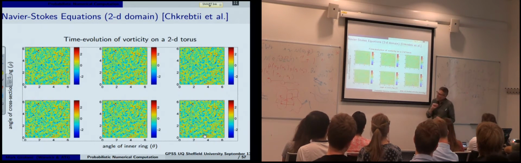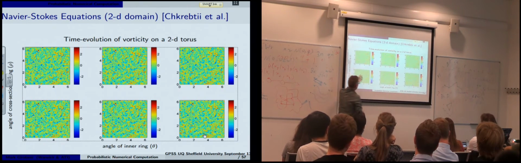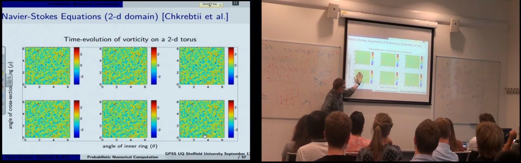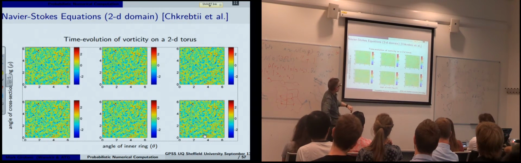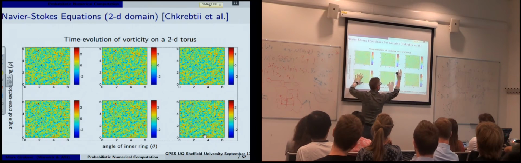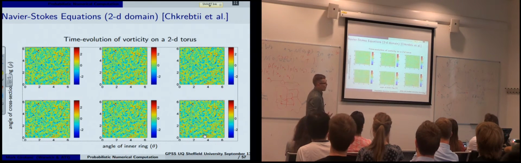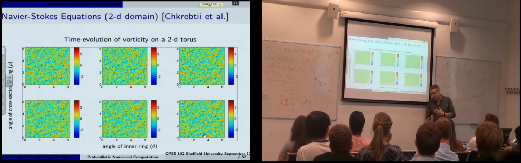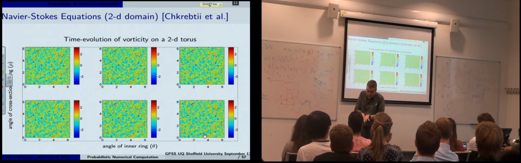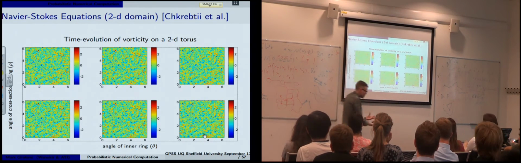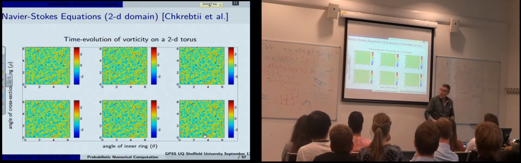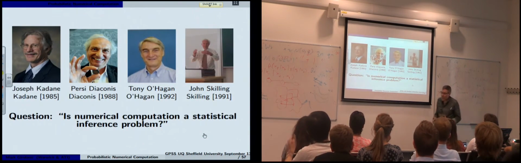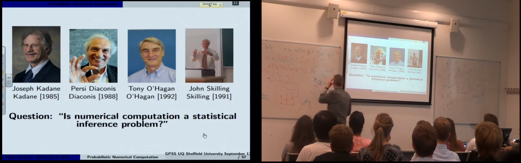Okay, so what you would see is the time evolution from this initial condition of the vorticity of the fluid, and what you would see is the variability in those, and that variability is because of our uncertainty in the viscosity of the fluid and in the fact that we're using a discrete mesh over the torus and a discrete mesh as this surface marches through time.